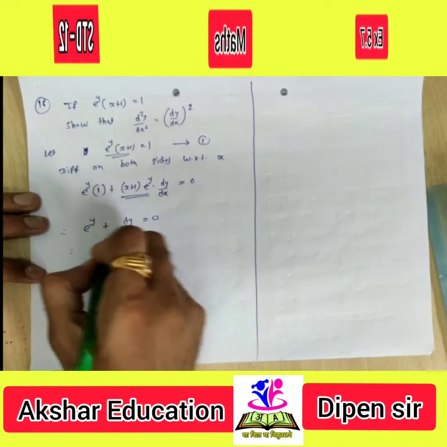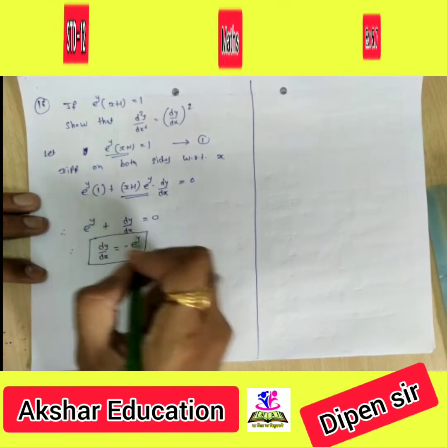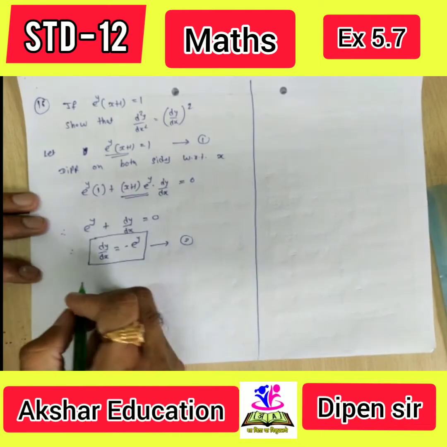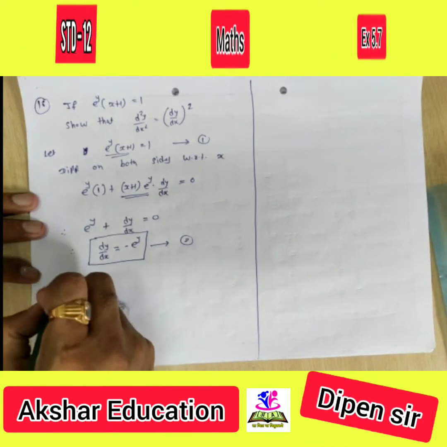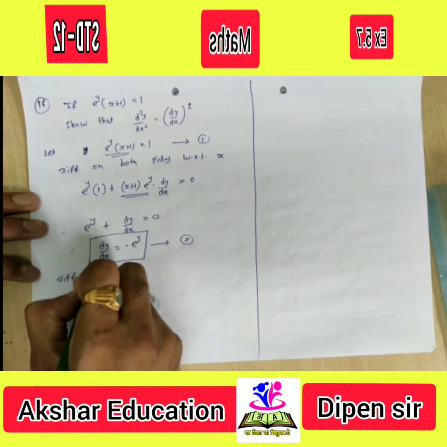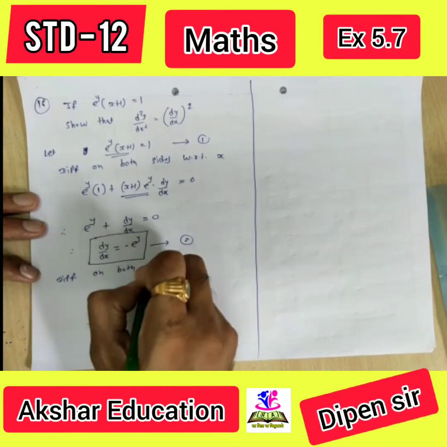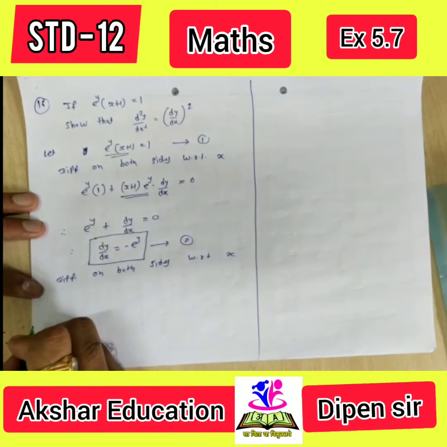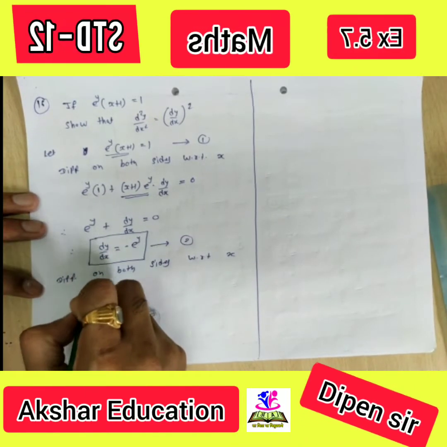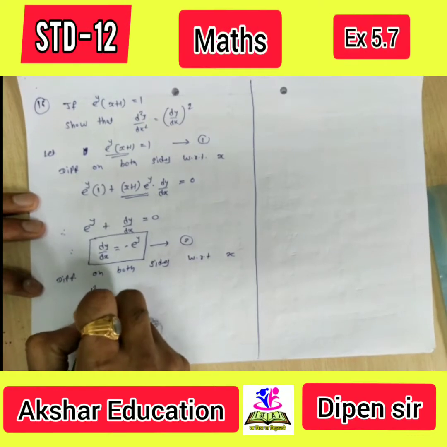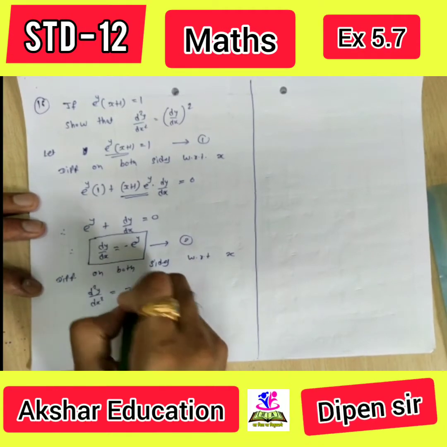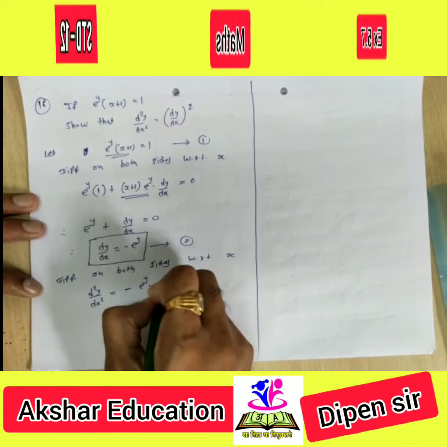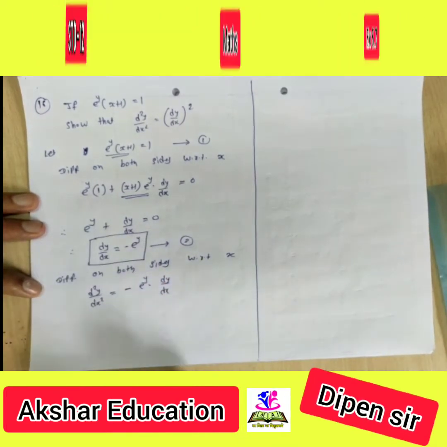And therefore we can write our first order derivative dy by dx is nothing but minus e raised to y. Say result 2. Now again differentiate on both sides with respect to x. The differentiation of dy by dx is d square y by dx square, this minus sign as it is, and the differentiation of e raised to y is e raised to y into dy by dx.